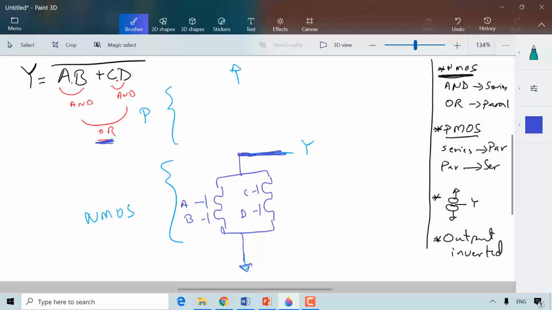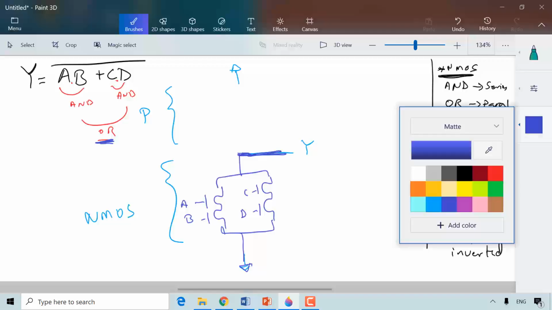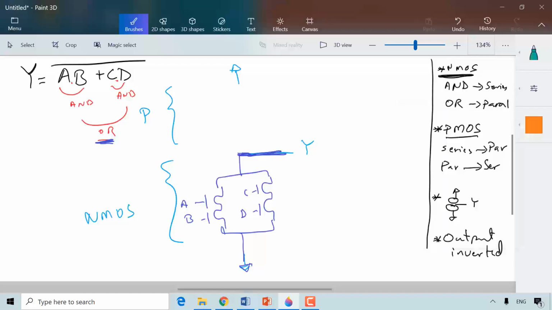Now let's go to the PMOS subtree. I can construct it by taking care that whatever is in series becomes parallel. This one is in parallel with this, so it becomes in series. Inside this one, A and B are in series, so they become parallel.